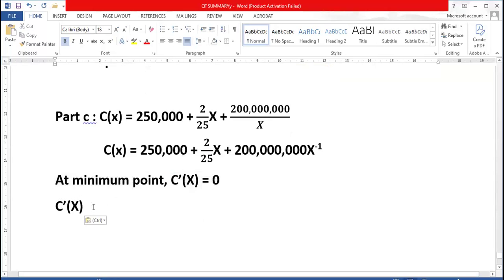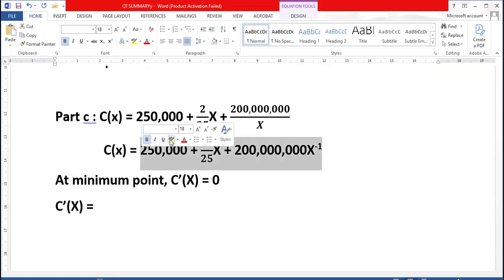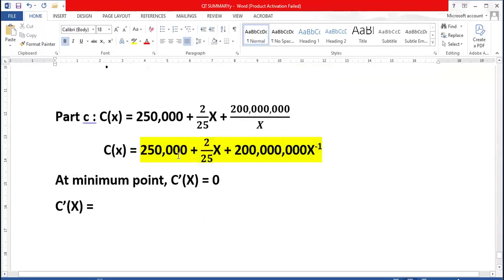So what is that first derivative? Let's differentiate this. You tell me. This will be 0. If you differentiate a constant, you get 0. When you differentiate this, what do you get?